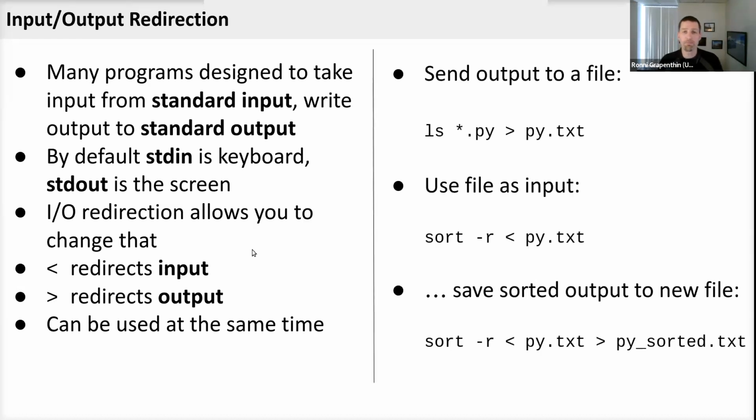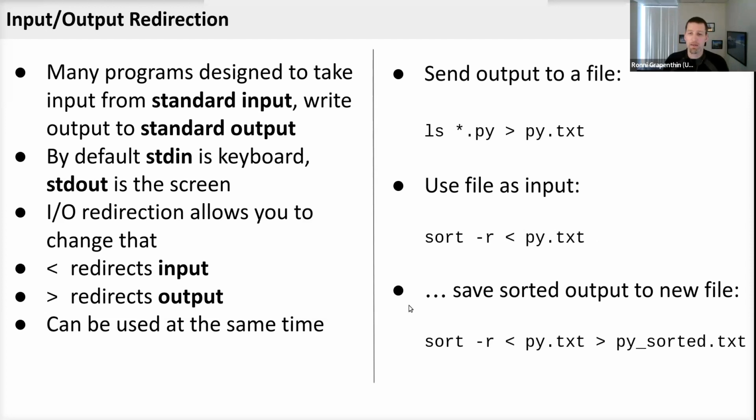So here's an example. We are listing all the files that end in .py and redirecting the output to a file py.txt. We can now use this file as an input. We can say sort -r, which sorts in reverse order the input that it is taking from the file py.txt.